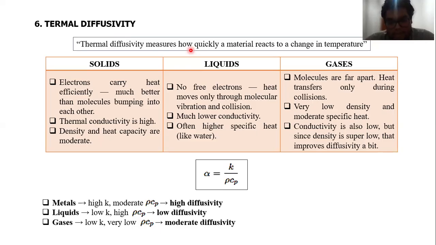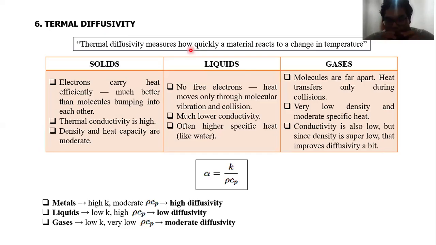So there are many materials. We have solids, liquids, and gases. In this case, we have a solid, in which electrons carry heat much more efficiently than molecules bumping into each other. The repulsion forces are lower than the attractive forces.